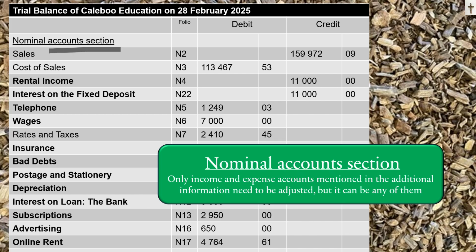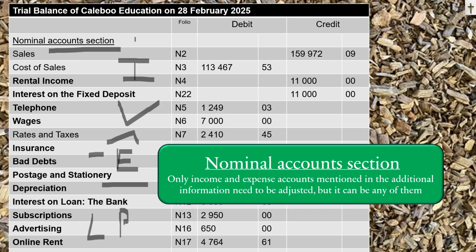Now, in the same trial balance, there will be the nominal accounts section. We will look at the income accounts and the expense accounts. Remember, income minus expenses is equal to profit if your income is greater than your expenses. If your expenses are greater than your income, you will end up with a loss.